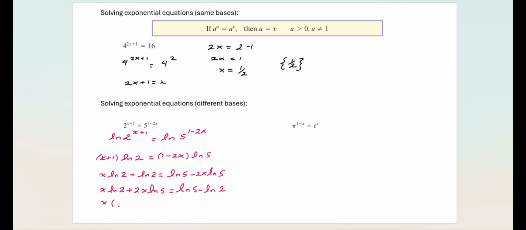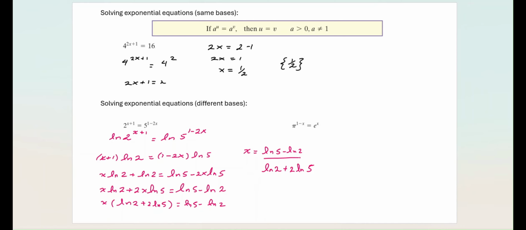So we get x times ln of 2 plus 2 ln of 5 equals ln of 5 minus ln of 2. And then now we divide and we get that x is equals ln of 5 minus ln of 2 over then ln of 2 plus 2 ln of 5.